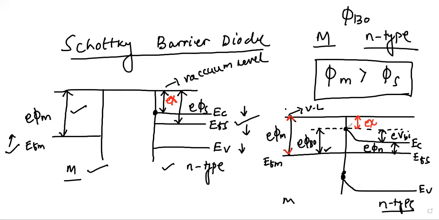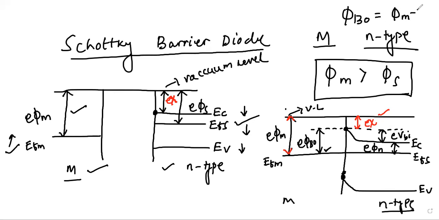It depends upon the original position of the conduction band, and from there to the vacuum level, it is independent of the doping profile or the doping concentration. So now if I relate this, E phi B0 plus E chi, the electron affinity, gives us E phi m. So we can write phi B0 is equal to phi m minus chi.